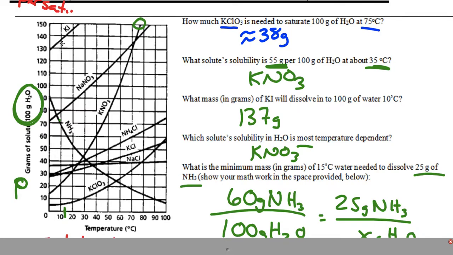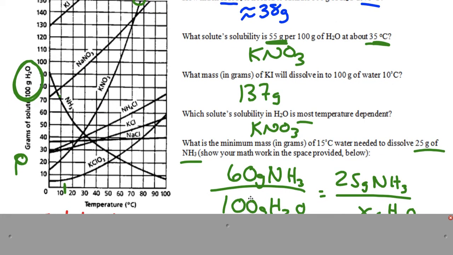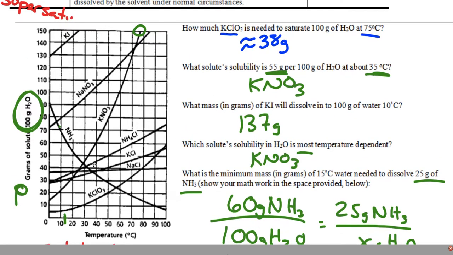It looks like it's just past the halfway point, so it's about 137. Just a couple more here. Which solute's solubility is most temperature dependent? What that means is, as the temperature is going across, which one has an increasing or decreasing slope. So you can tell that KNO3 gets more severe as you increase your temperature. So that's why I wrote KNO3.